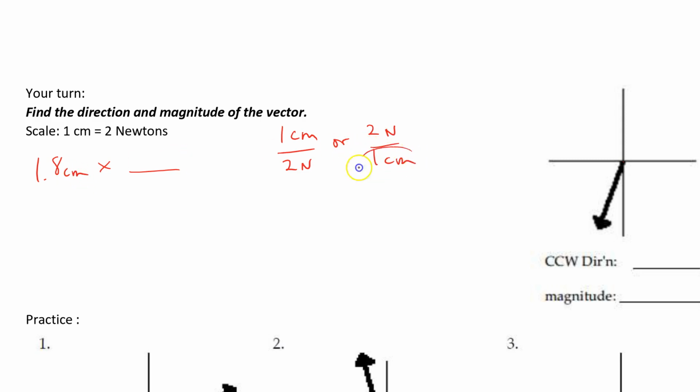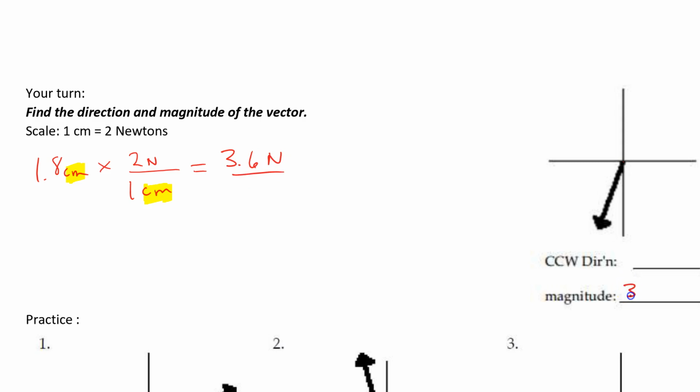I'm going to choose the one that has the centimeters in the denominator, 2 newtons over 1 centimeter, because now my centimeters will cancel out, and then I will get an answer of 1.8 times 2, which is 3.6 newtons. So the magnitude of this vector is 3.6 newtons. It's a 3.6 newton force vector in this case, because newtons is a measurement of force.